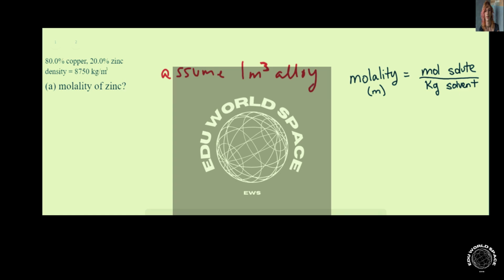If we have 1 cubic meter of the alloy, then we know that we have 8,750 kilograms, because that's its density. So I found that using the density. So if that's my total mass, then I can find how much mass corresponds to the copper and how much mass corresponds to the zinc.